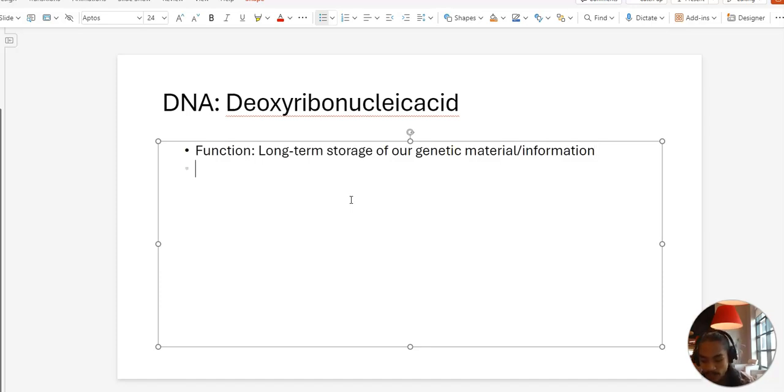And basically, DNA is in charge of prepping our genetic code or information for transport. That's basically what DNA does.